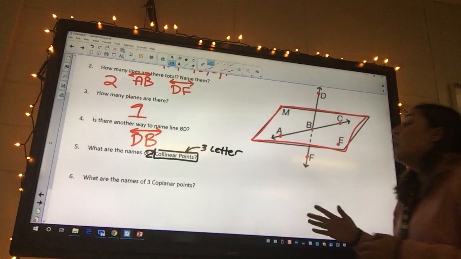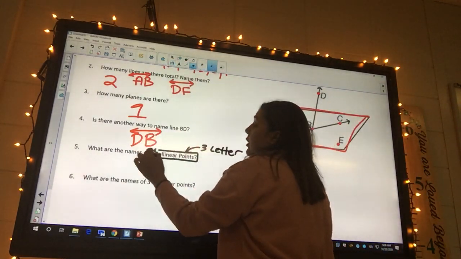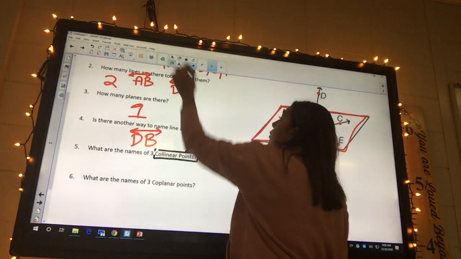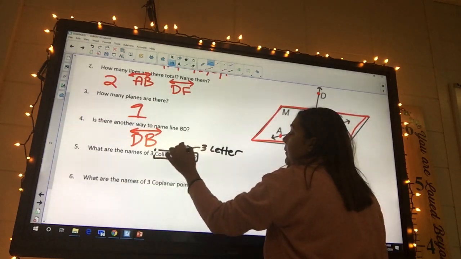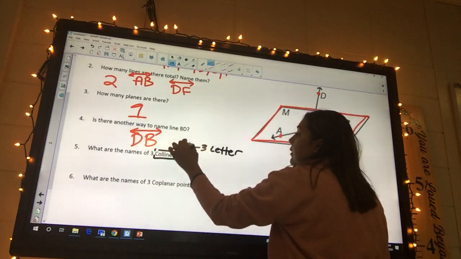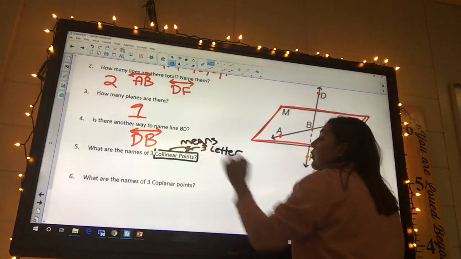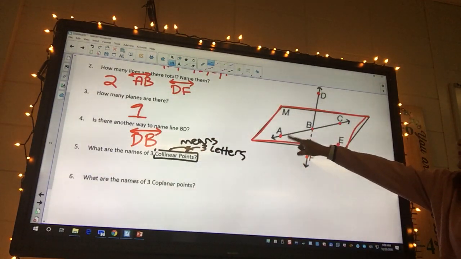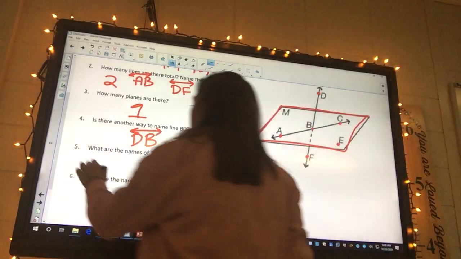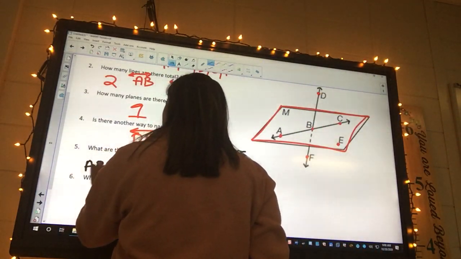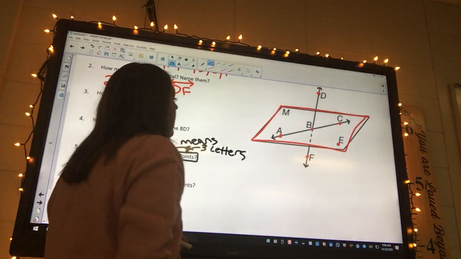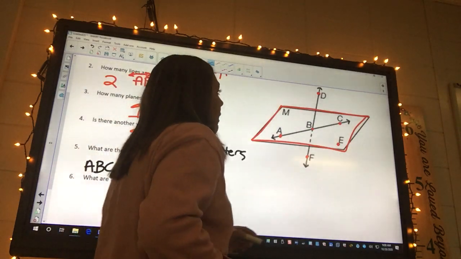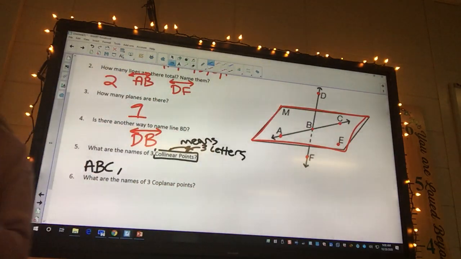So make sure that you do that, and you can use these on your test. I would probably write the note that collinear means 3 letters. So we could say A, B, C is 1 collinear point. What about DEF? E is not on the line. It's just on the plane.